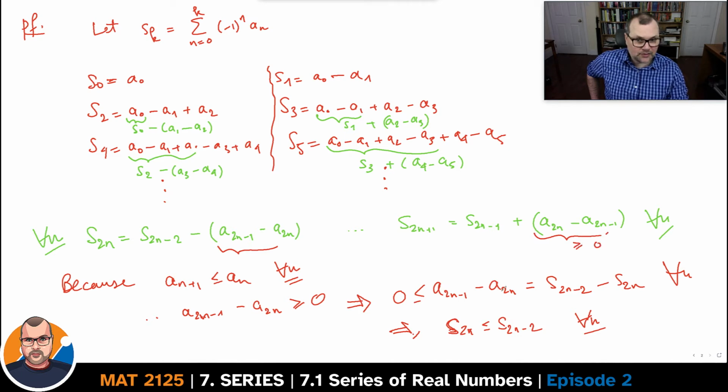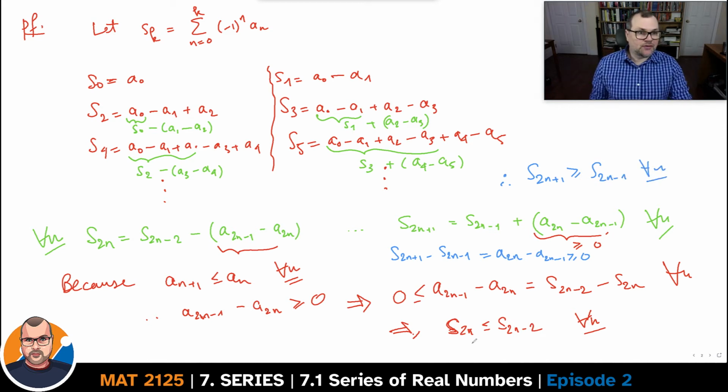For the odd-numbered partial sums, you get the same argument. This is positive. So if I take S_(2n-1) here and send it to the other side, I will get that S_(2n+1) minus S_(2n-1) is equal to A_2n minus A_(2n+1), which is positive, and so I can conclude S_(2n+1) is greater than S_(2n-1) right here.